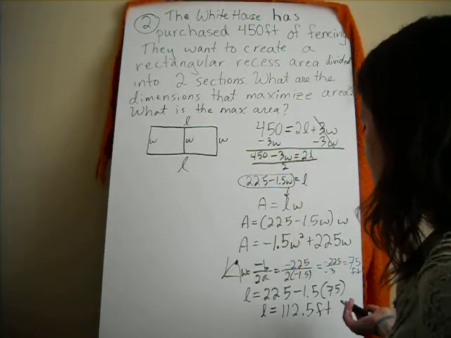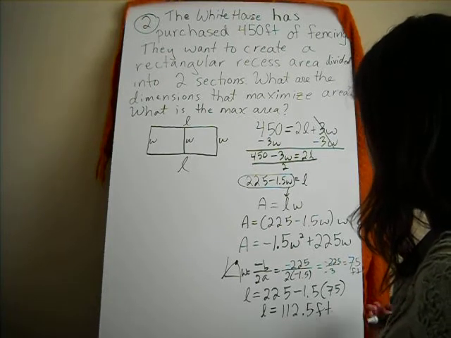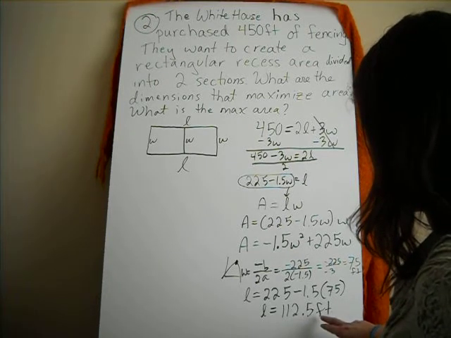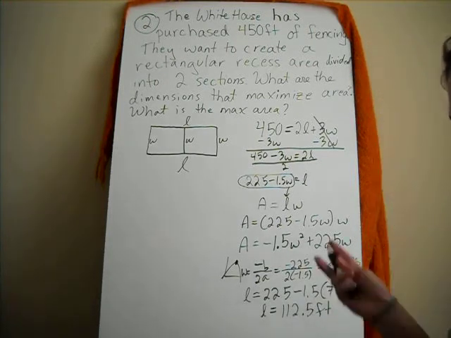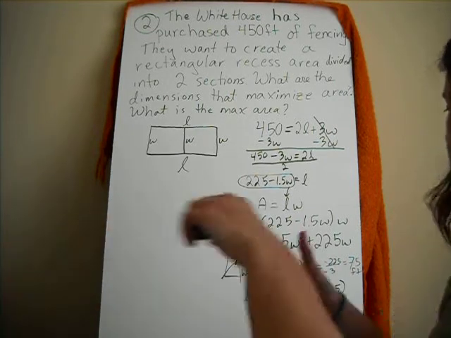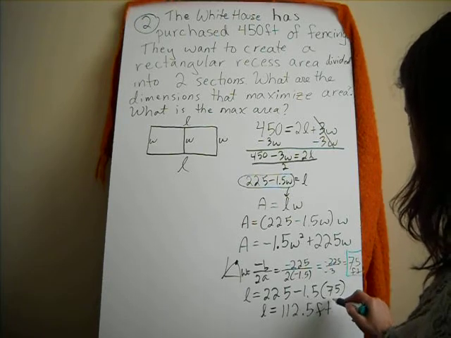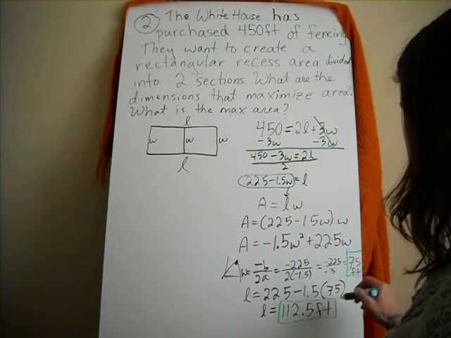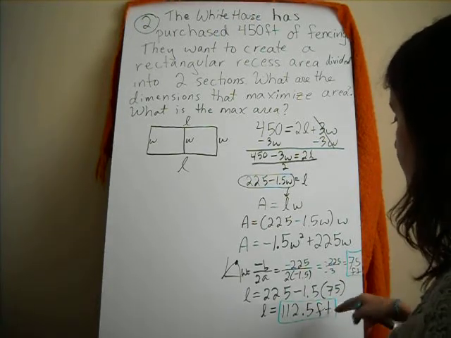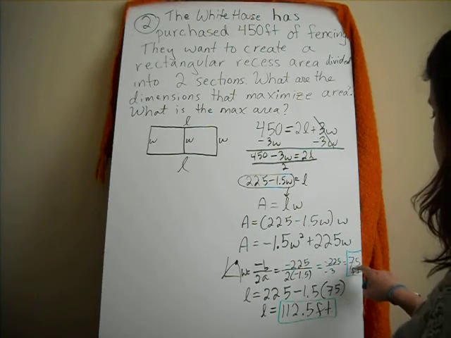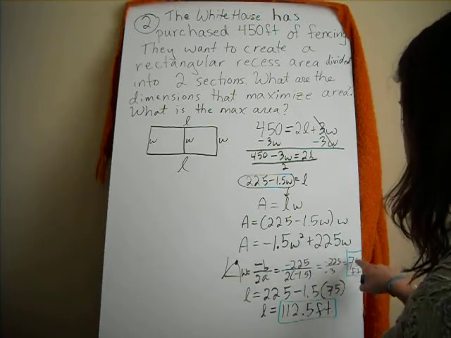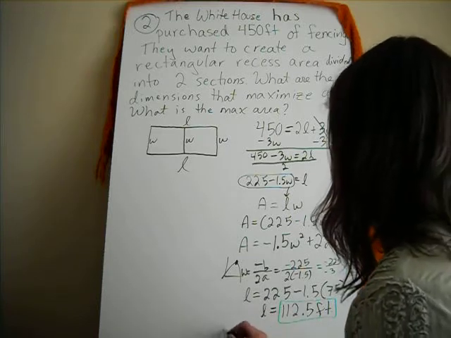To get the maximum area, there are 2 ways you could do it. Now that you know the length and the width that will give you the maximum area, you could just multiply those together. Or, since this was a value that gave the maximum area, you could plug that in there.